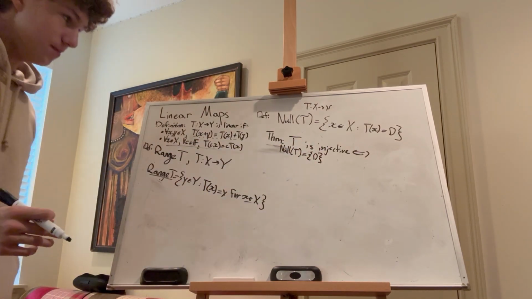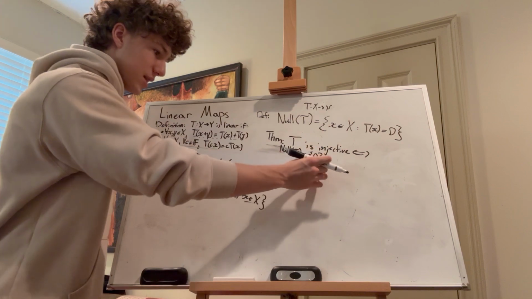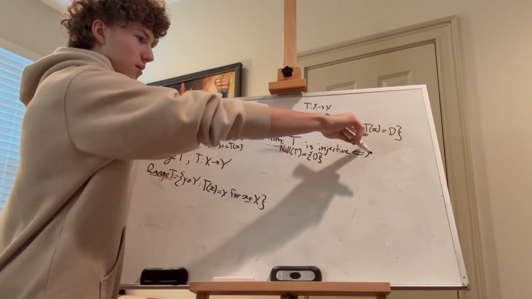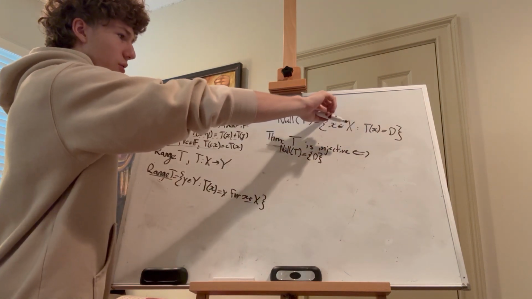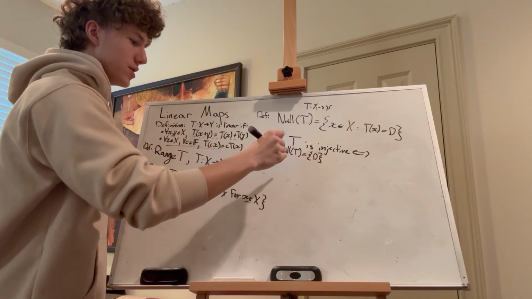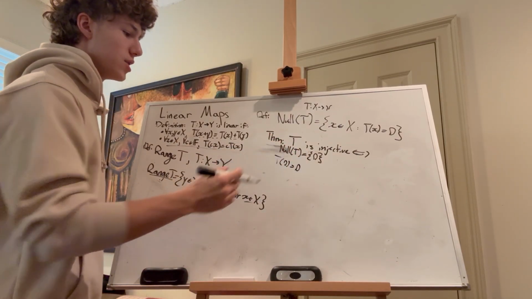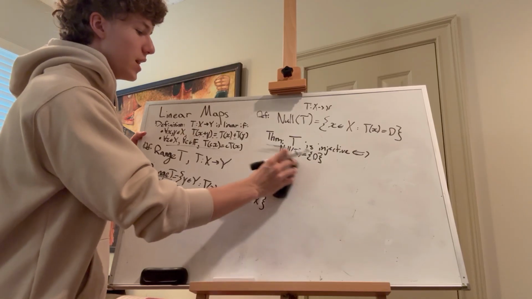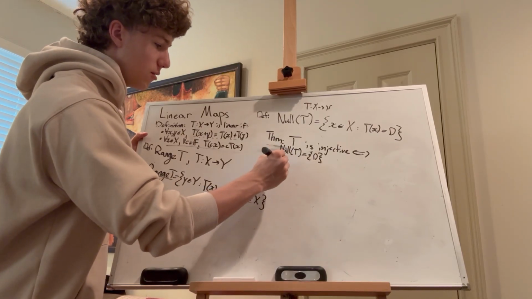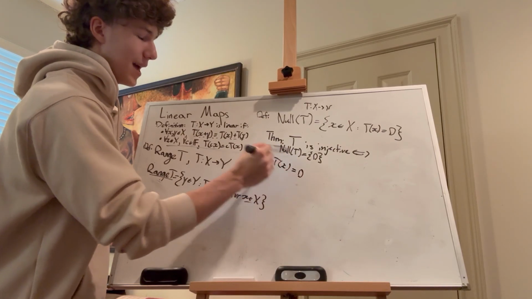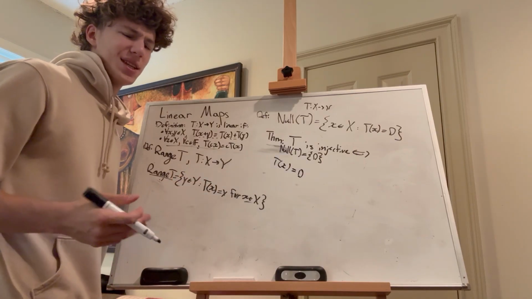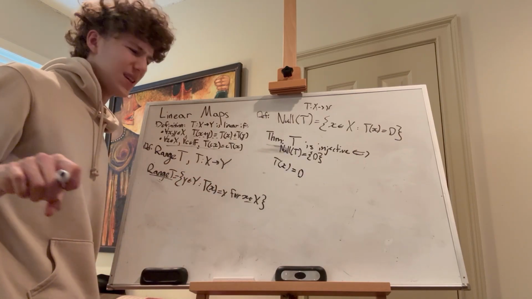What does that mean? That means that the only thing that gets sent to 0 in the codomain, Y, is just 0. We know T of 0 is 0, so this always holds. There's no other value that does that. That makes sense because if T of x was equal to 0 and x wasn't 0, we'd be sending 2 points to the same point, and that's not injective.